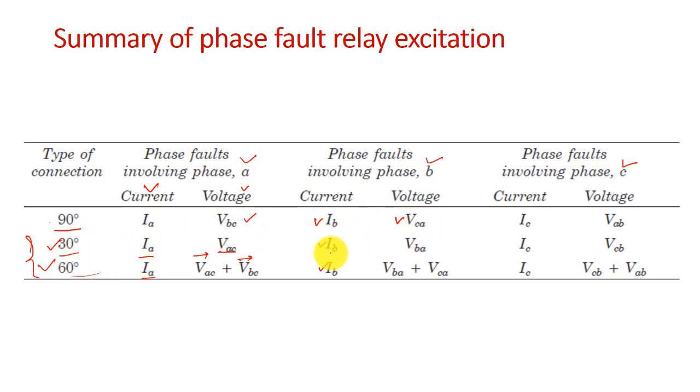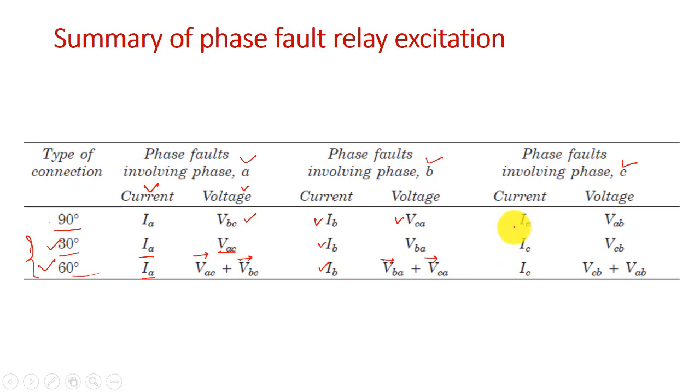To make the 30 degree connection, we choose IB and VBA. And for the 60 degree connection, we choose IB for the current coil and VBA plus VCA fed to the pressure coil, and this sum of voltages makes an angle of 30 degree lagging to IB. Therefore this will be known as 60 degree connection.